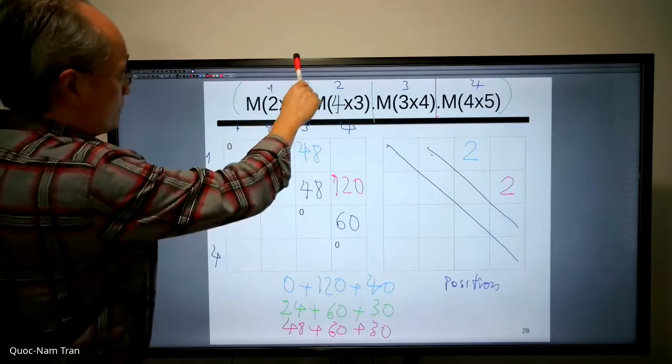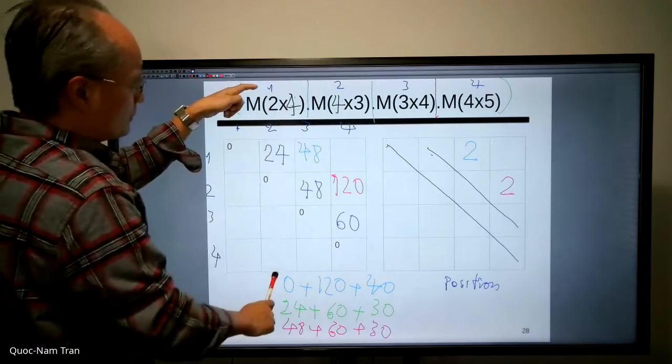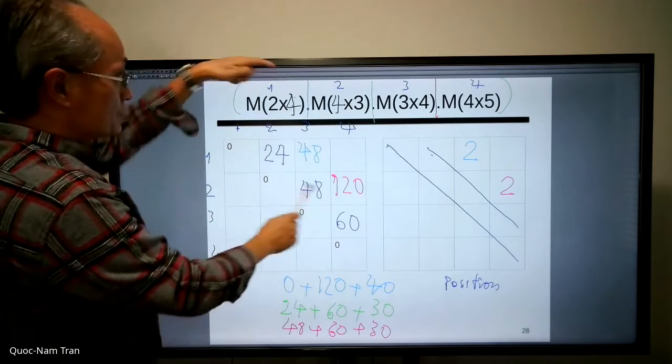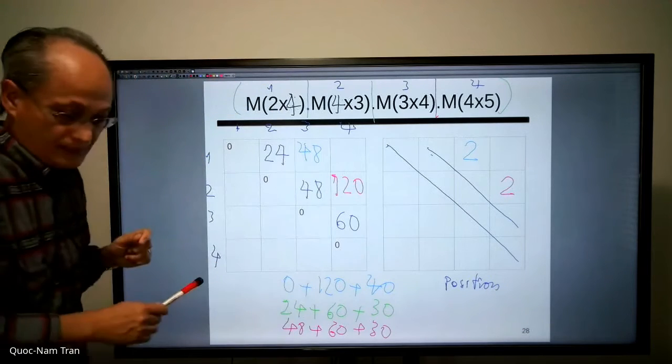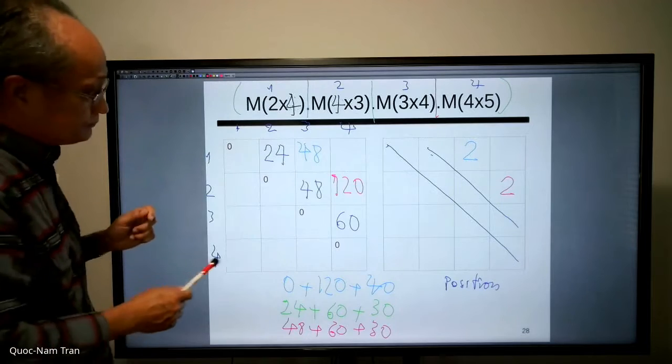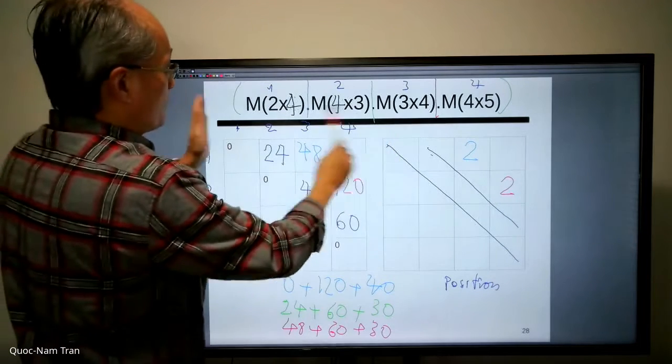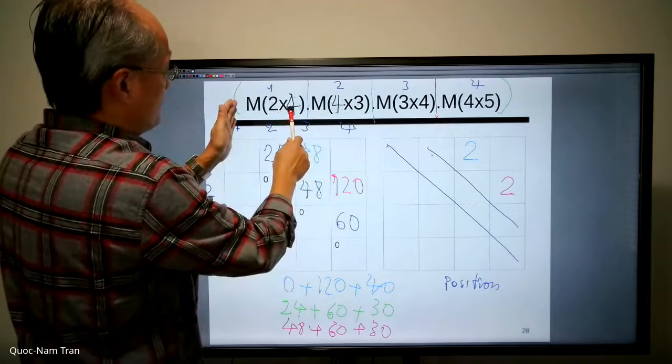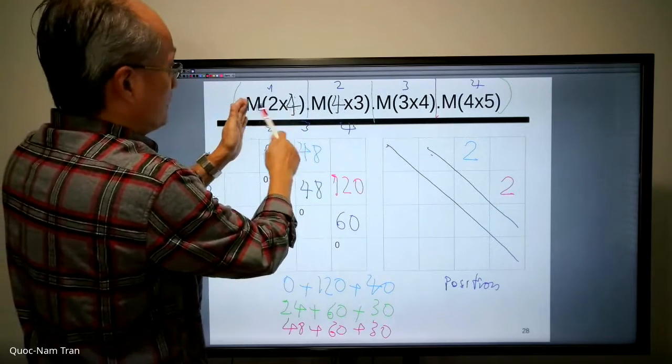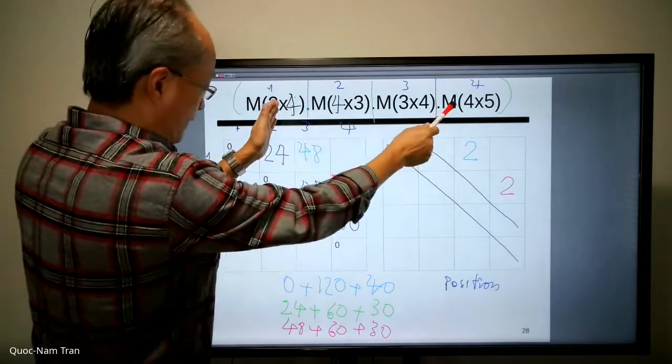Okay, so this one we have 0 plus 2 to 4 is 120. Yeah, we have it. And then the cost for multiplying them, 8 times 5 is 40.